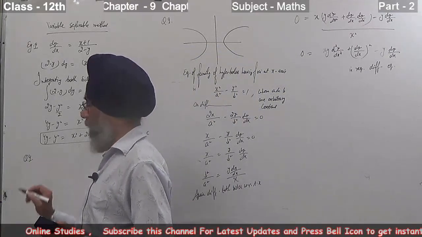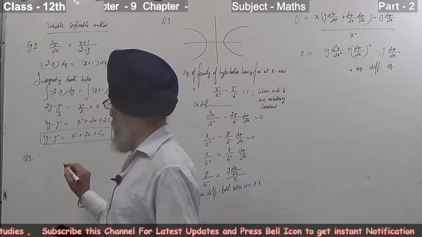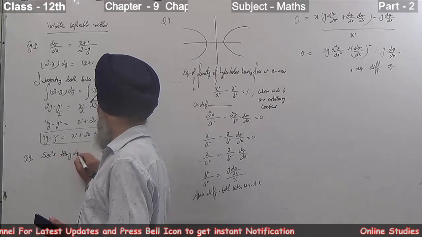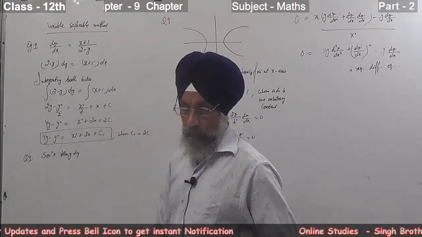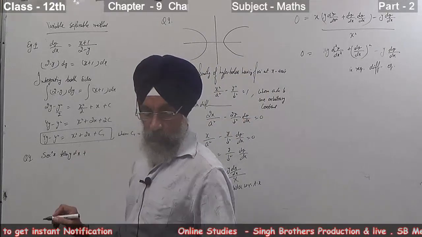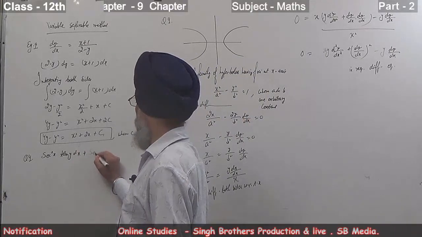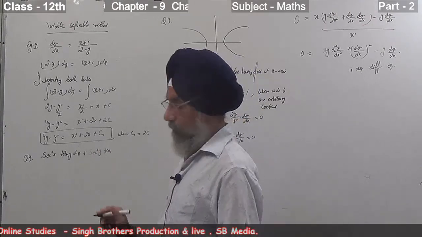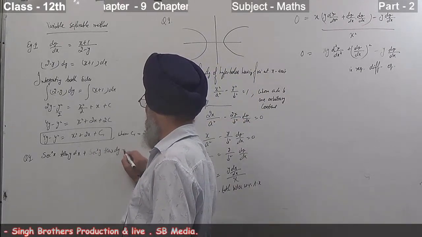of exercise 9.4. It's x square y tan y dx plus x square y tan x dy is equal to 0.